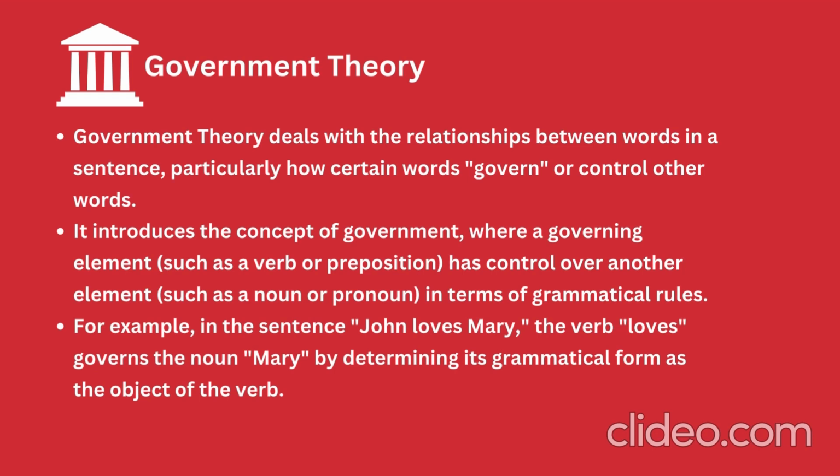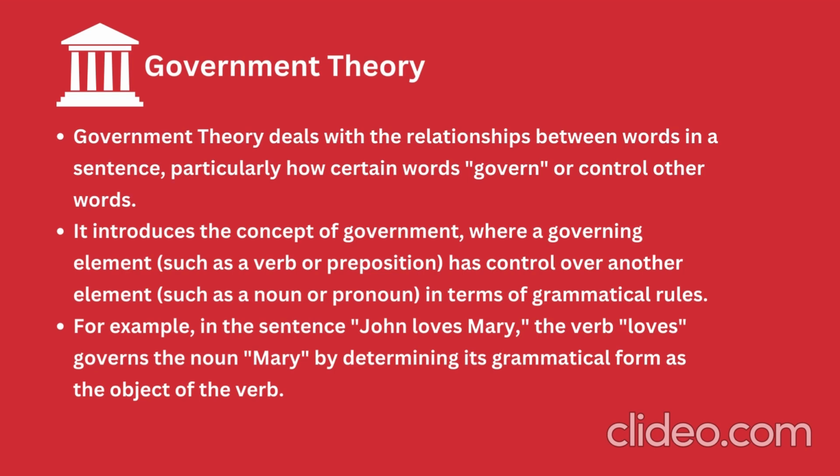Okay, let's take the example of a sentence like John loves Mary. Here the word loves is like the boss. It tells us what's happening and who is doing it. What's happening? Love is happening. And who is loving? John is loving. Loving whom? It is Mary.